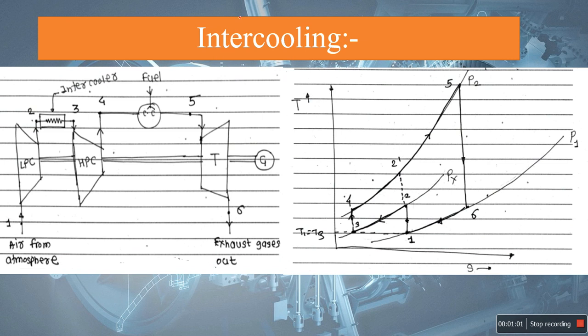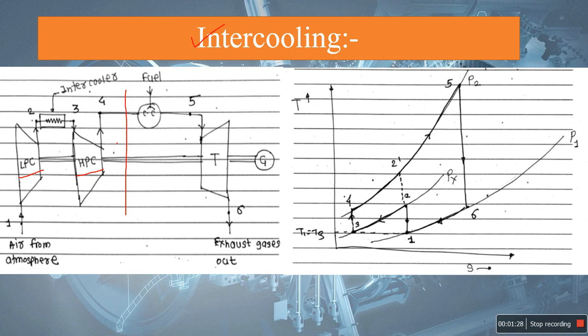The word intercooling we have heard in the case of the two-stage compressor. If you understood the concept of the two-stage compressor, then it is very simple to understand intercooling in a gas turbine. Here you see a low pressure compressor and a high pressure compressor; the remaining cycle is the same, a simple open cycle gas turbine. The modification is done in the compressor.